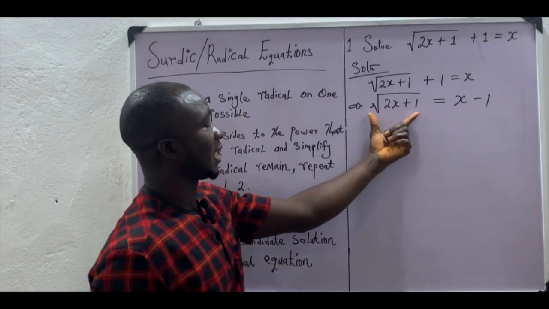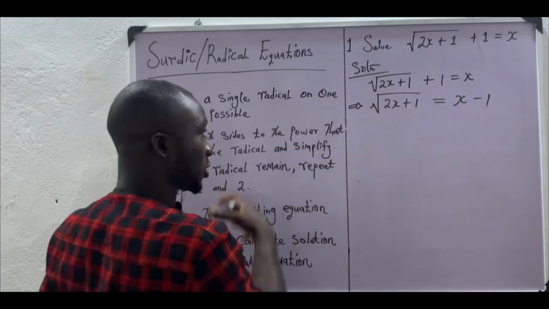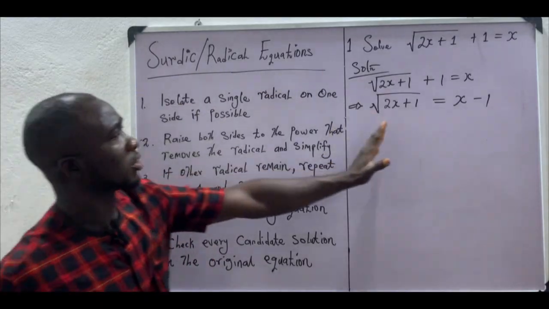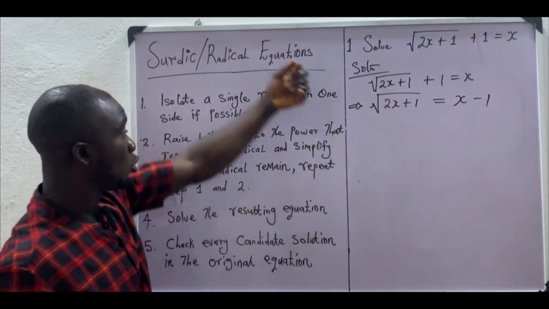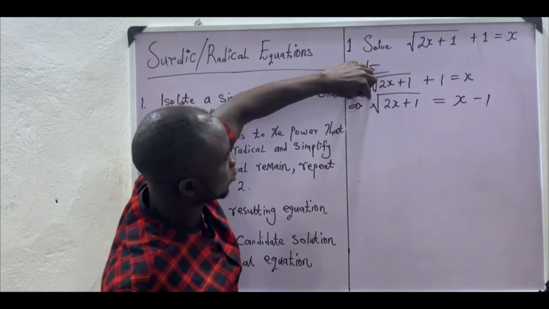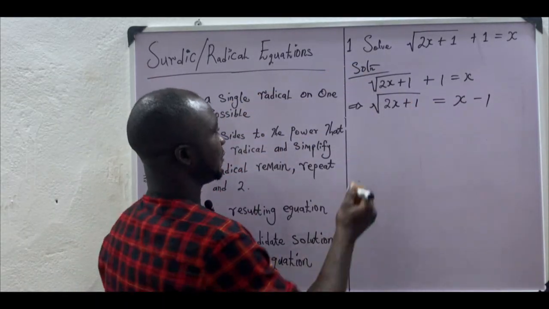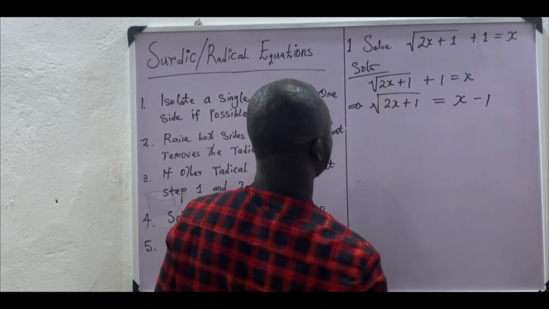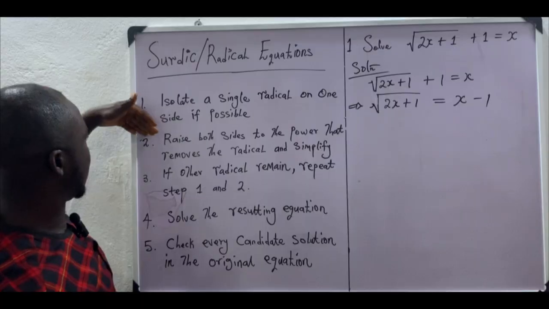I have isolated this radical to be on one side of the equation. So the next step now is for me to raise both sides of this equation to the power that will remove the square root. And because this is a square root, I have to square it. And if I had a cube root here, that means I have to cube both sides of the equation. So that is what the second step is here.